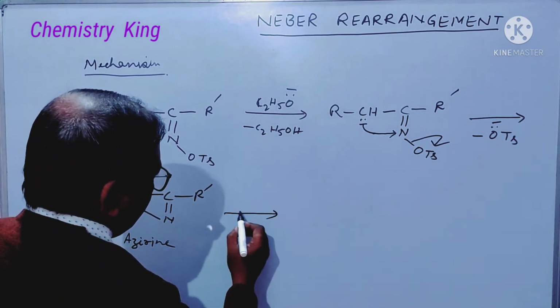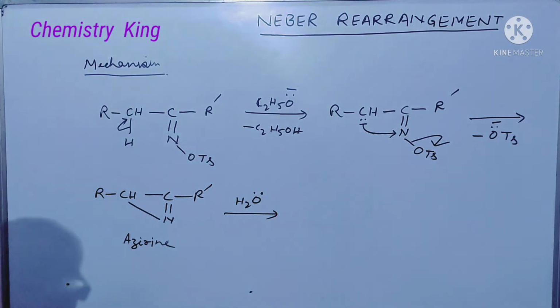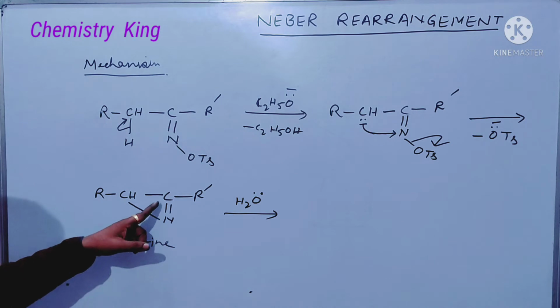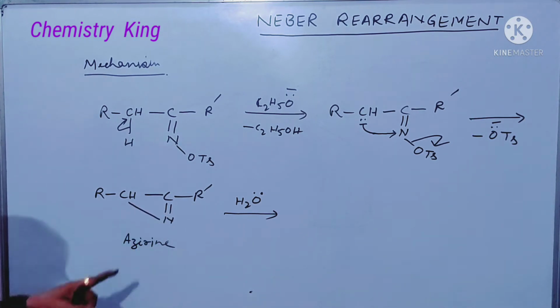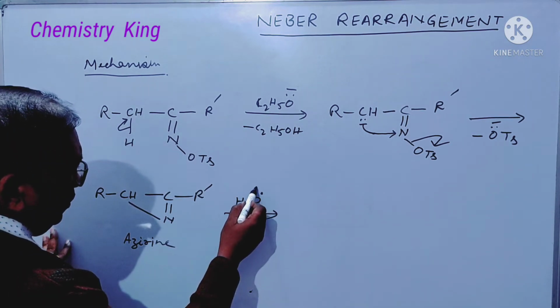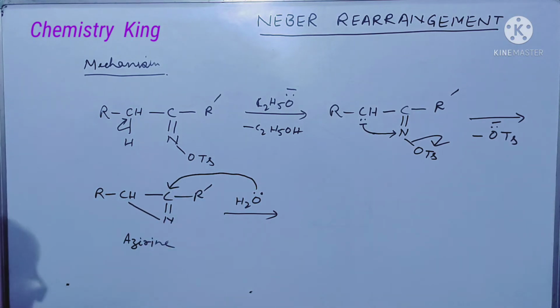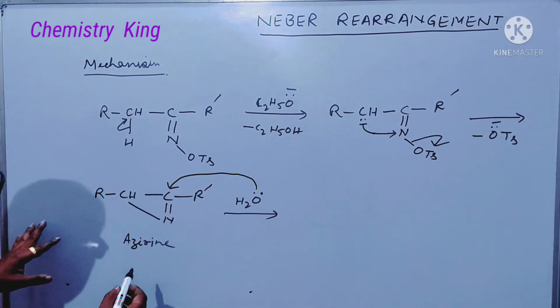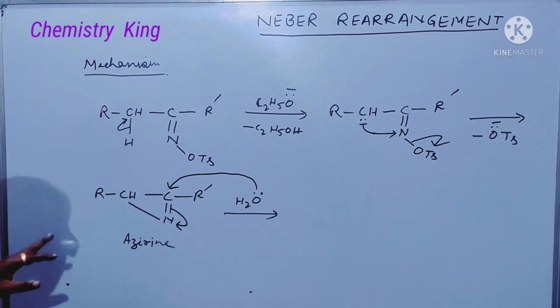Now, water will attack at this carbon because this carbon contains the doubly bonded nitrogen, so delta plus charge will be here, and the lone pair of electrons of water will attack at this position. This bond will break in this fashion.